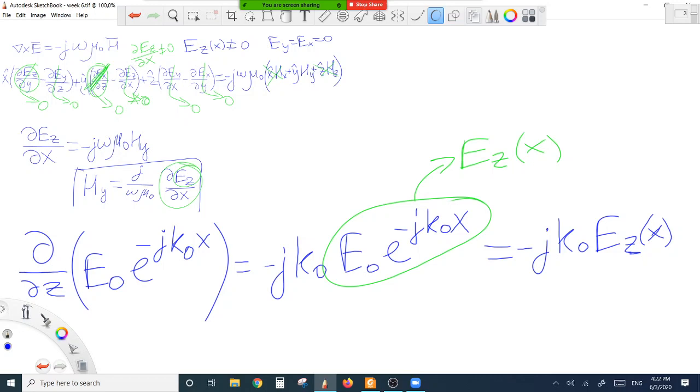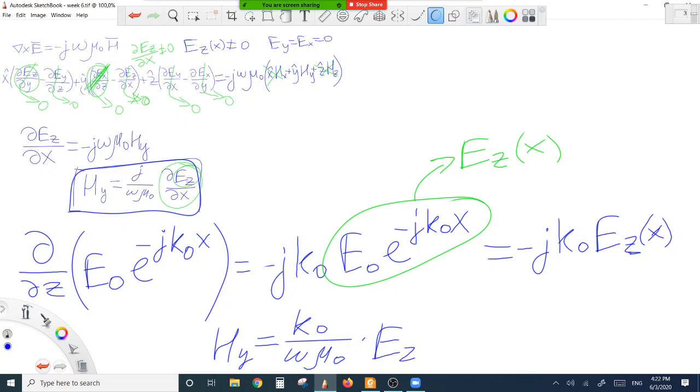And for Hy, we have j multiplied by j is minus 1, minus minus simplifies. We have k0 over omega mu 0 multiplied by Ez of x.